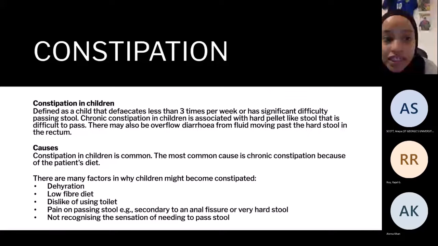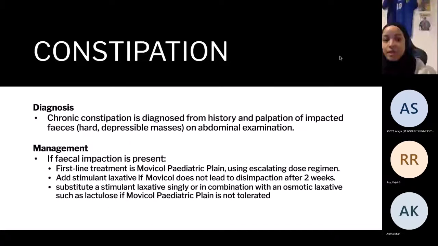or try something else. So you diagnose it mainly through the history, but in certain cases you can also feel the impacted feces when you do the abdominal examination. If fecal impaction is present, the first line would be Movicol, and you can use an escalating dose regime as well.